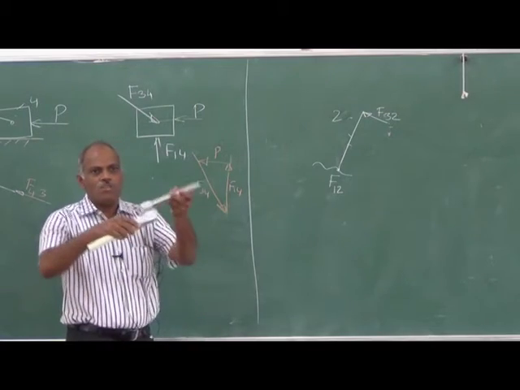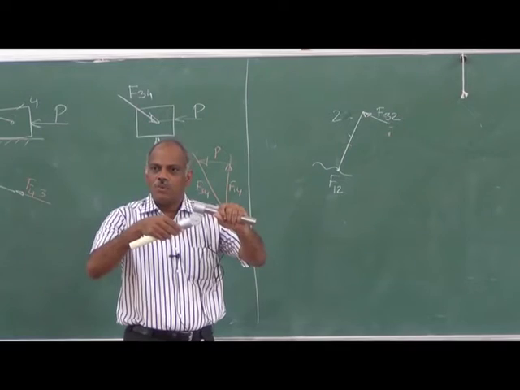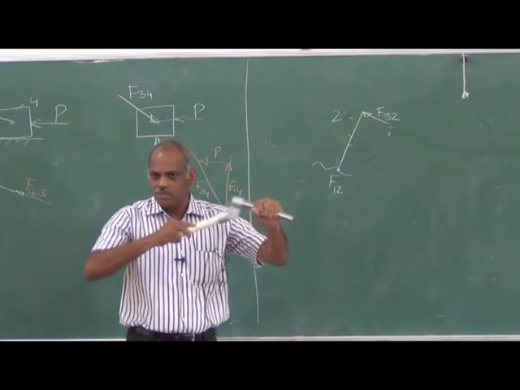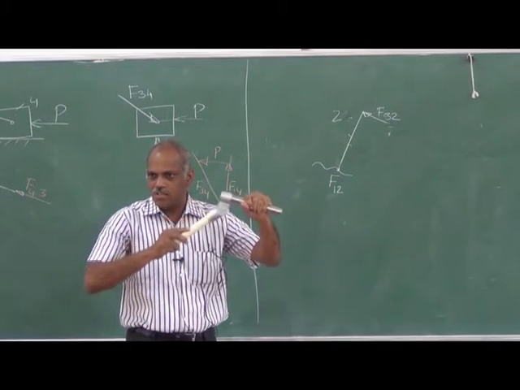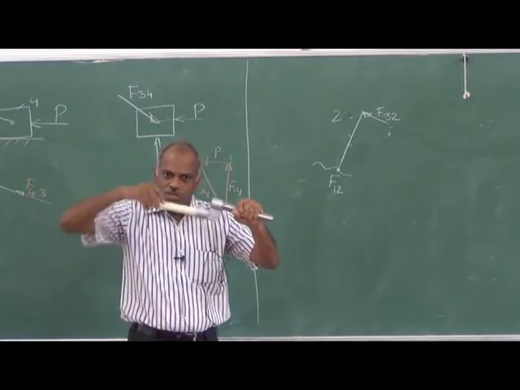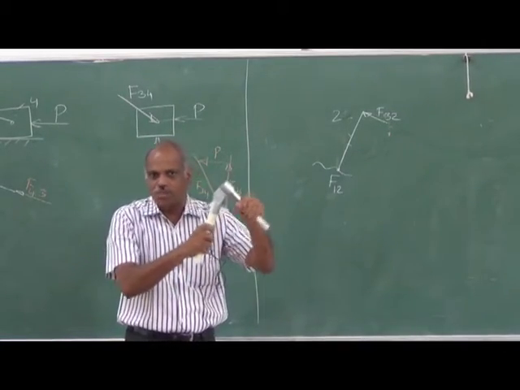So if I take a revolute joint, I have said that you can transmit only forces through the revolute joint. Forces can be transmitted at any angle, but if I apply the force, the torque cannot be transmitted here. Only forces can be transmitted through this.